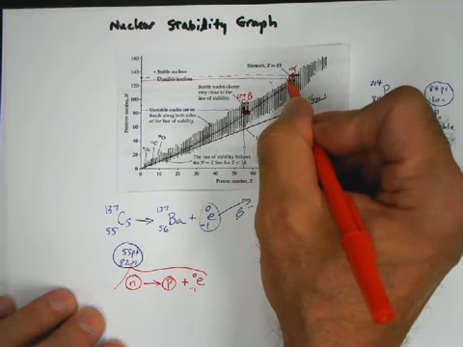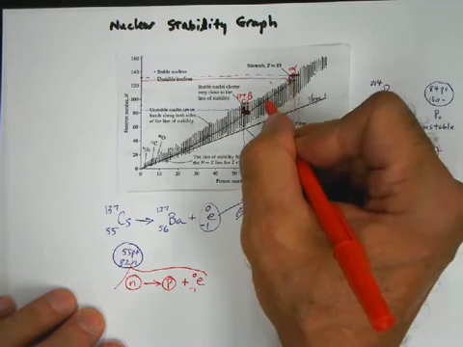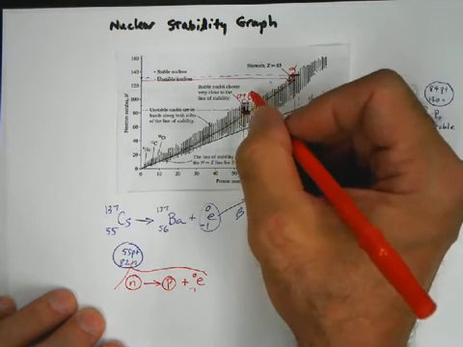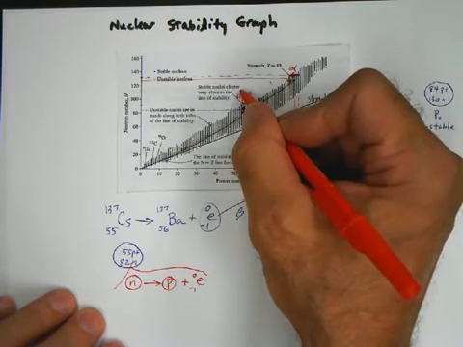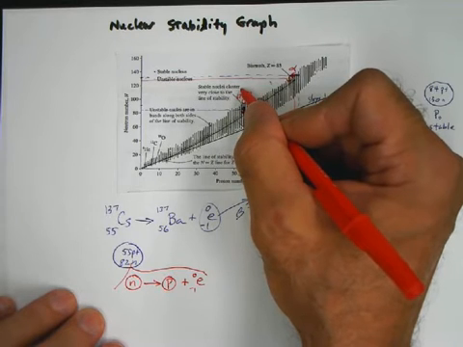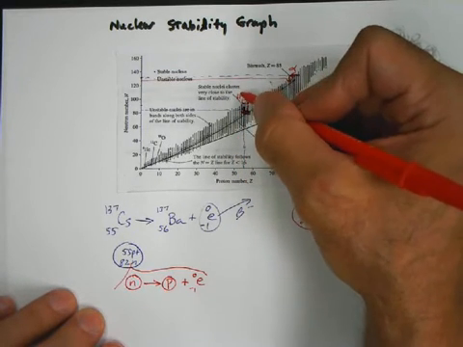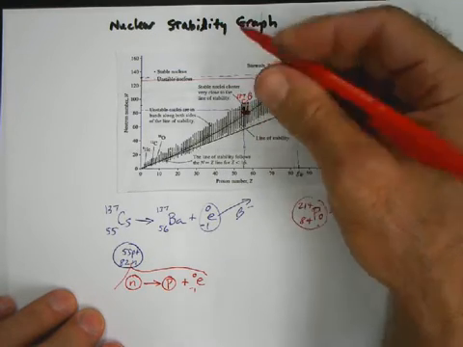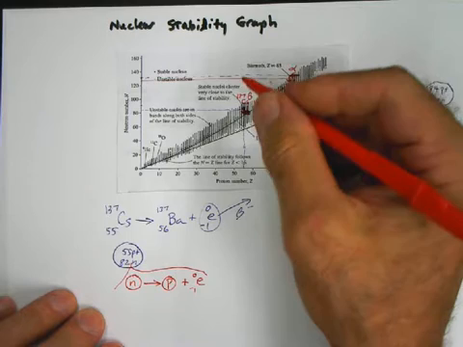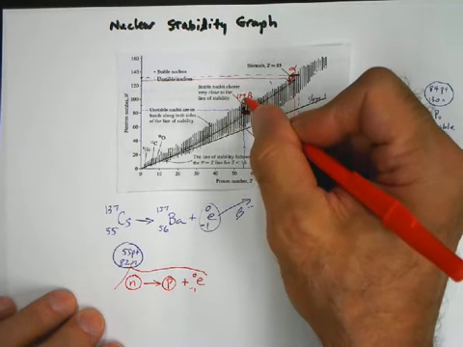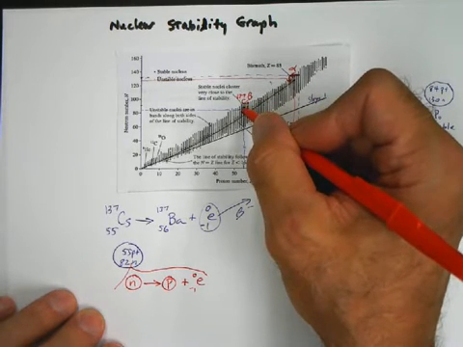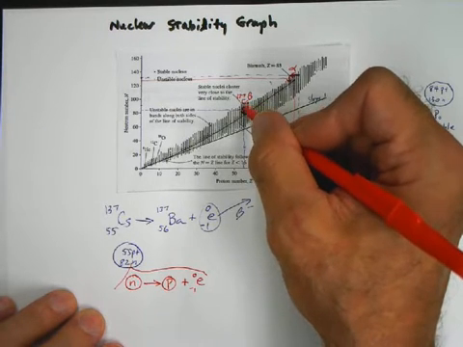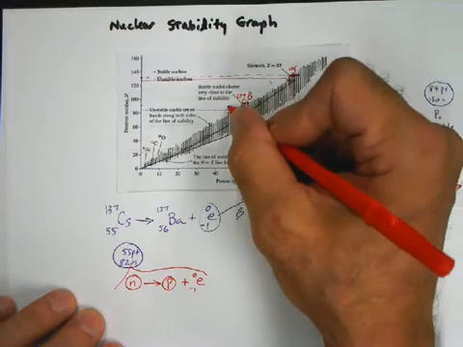If on the other hand we have something that's just above the band up here, it would tend to radioactively decay so that its daughter nuclei would be lower down that way, and that means that we'd have to reduce the number of neutrons only, or we could reduce the number of neutrons and increase the number of protons and go this way like that. That'll get daughter nuclei closer to that band of stability.